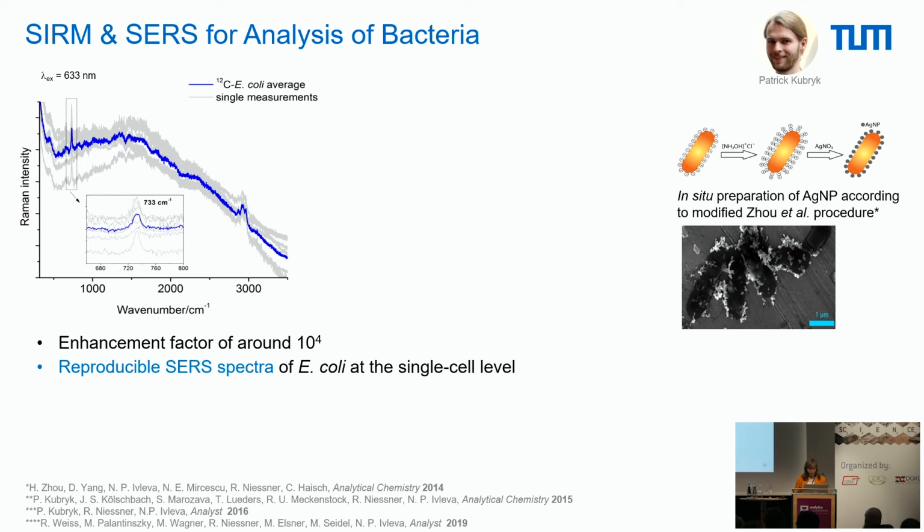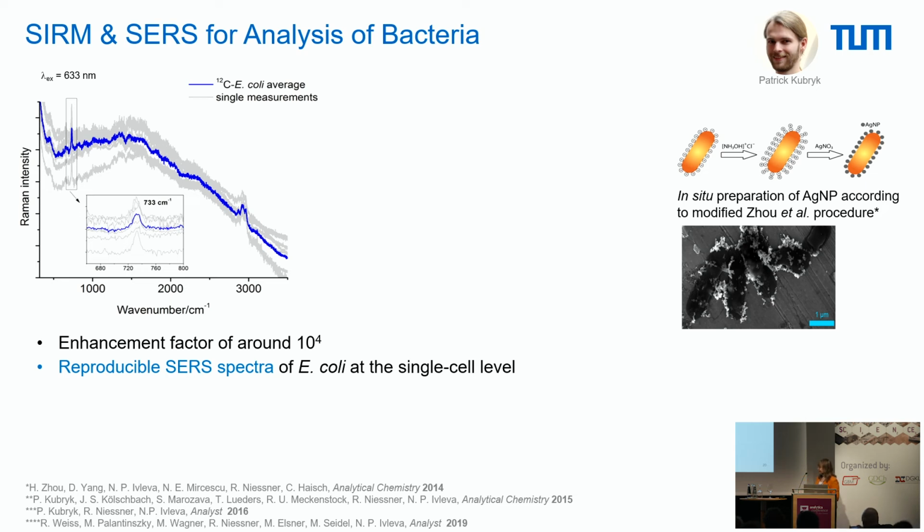So to solve this problem, a method for in situ preparation of the SERS substrate was developed at our institute and published by Zhou et al. And then Patrick modified it and applied it for analysis of non-labeled and labeled bacteria.